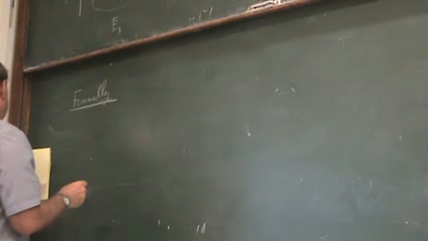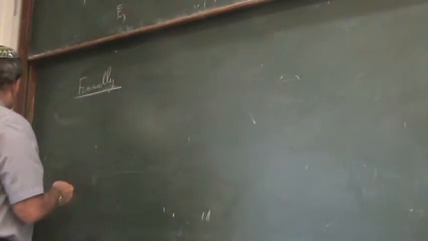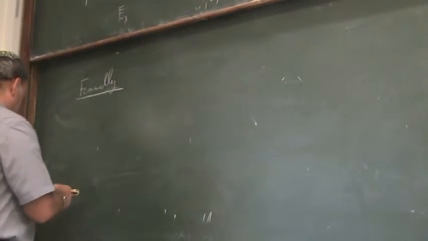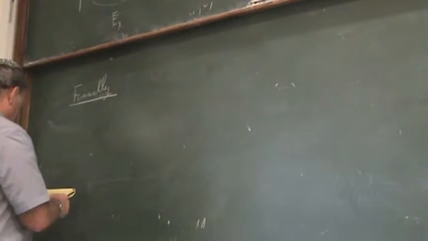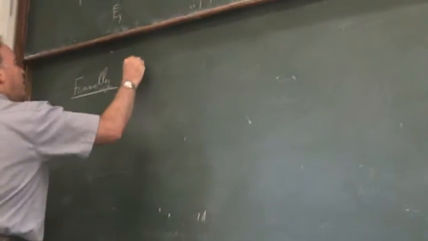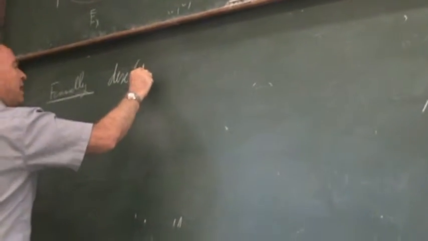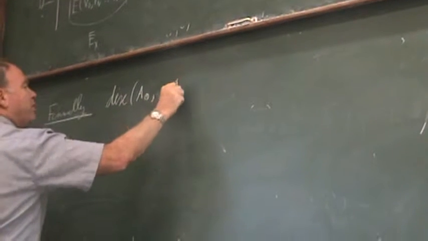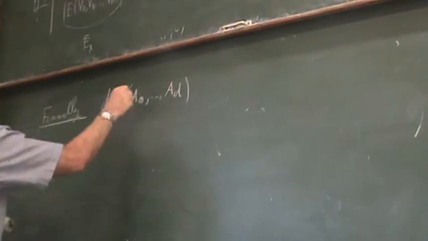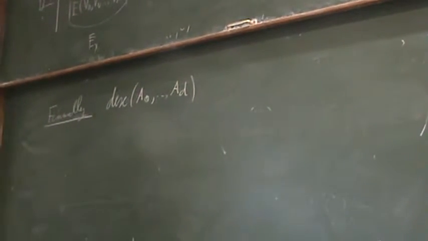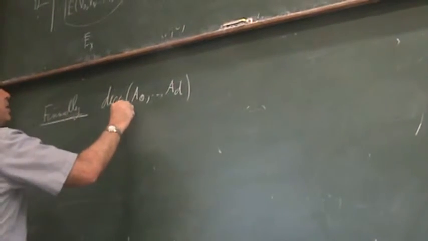So what do we have to bound? We have to bound the discrepancy of A0 up to AD, for all subsets A0 up to AD, this discrepancy of X star.